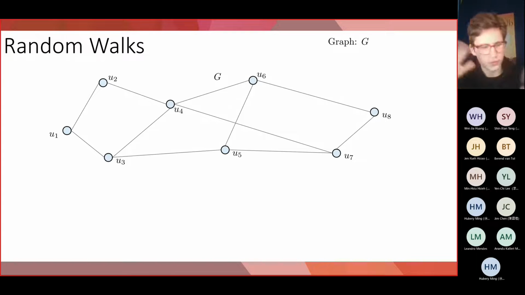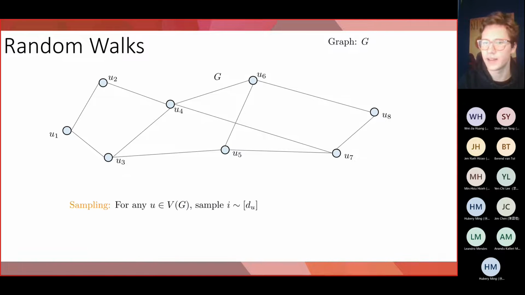I won't go into the full Markovian introduction of random walks. It's not needed for our framework. So we'll just do the nice intuitive picture of we're on a graph. And there are a couple of things that we have to be able to do in this graph.